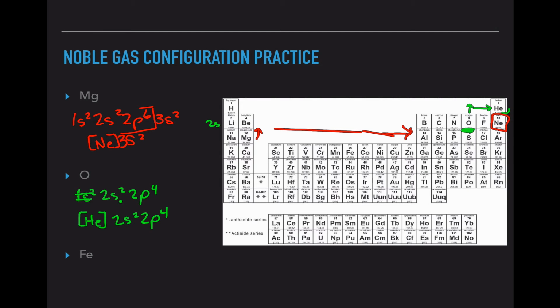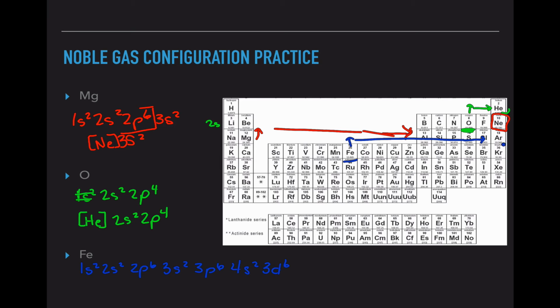So when you have smaller or earlier elements, it doesn't necessarily make sense to do noble gas configuration, but for iron, it's really, really handy. So with iron, we're right here. If I go up a level and all the way to the end, I'm with argon. So iron's full configuration is 1s2, 2s2, 2p6, 3s2, 3p6, 4s2, and 3d, 1, 2, 3, 4, 5, 6.